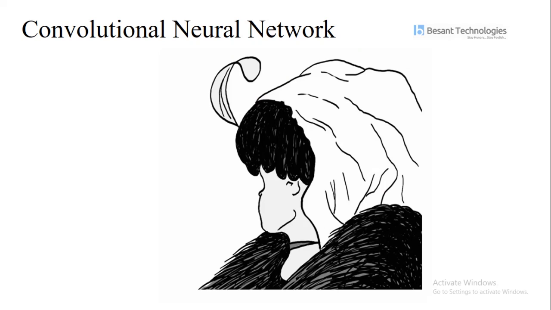Here is one image which may look like a girl or it may look like an old woman. Now, is the original image a girl with a muffler or an old woman? This is the question. Some people will analyze this as a girl with a muffler, some people will analyze this as an old woman.